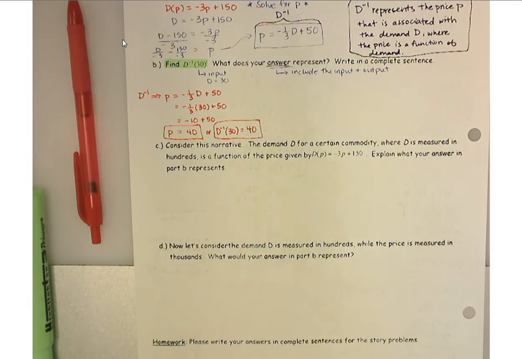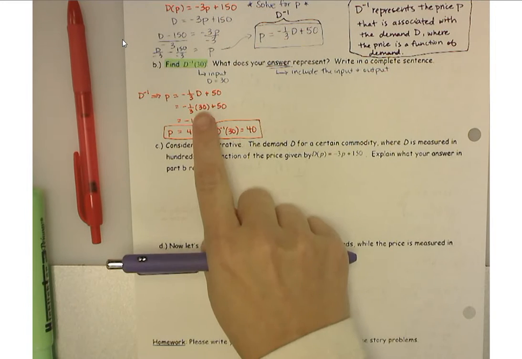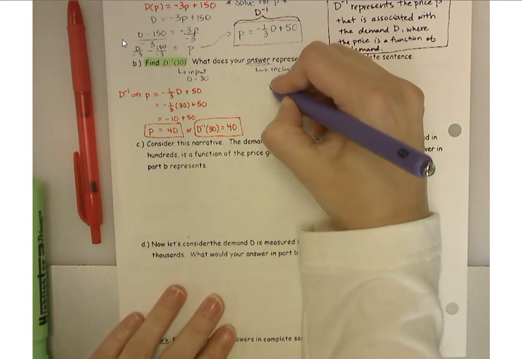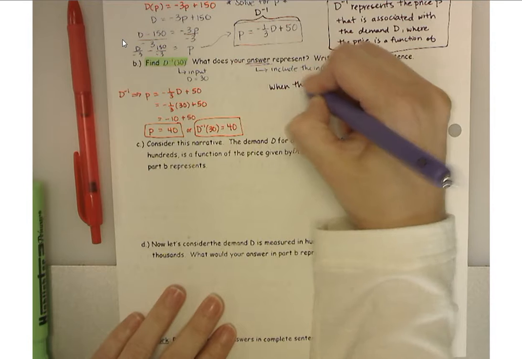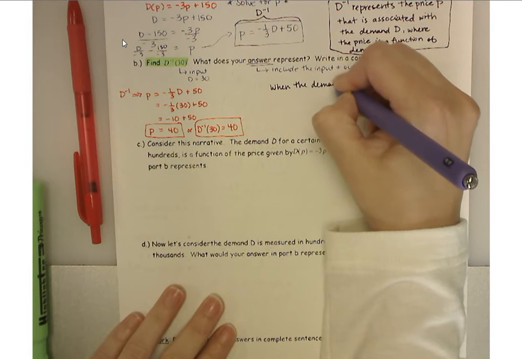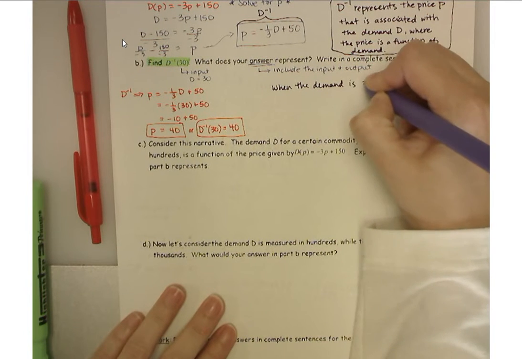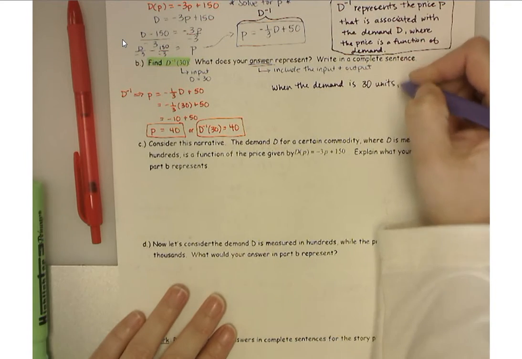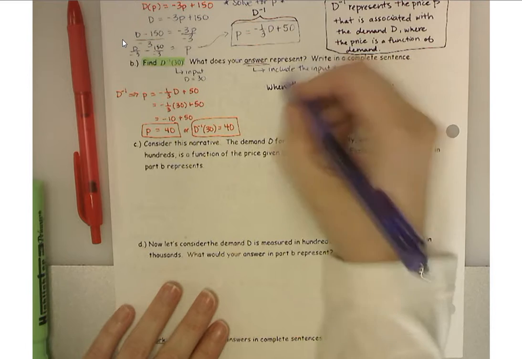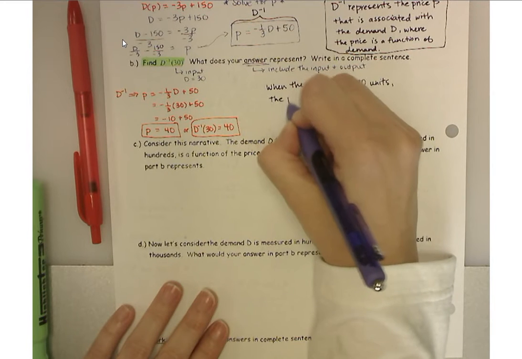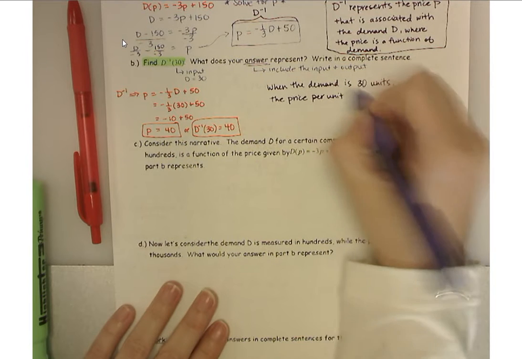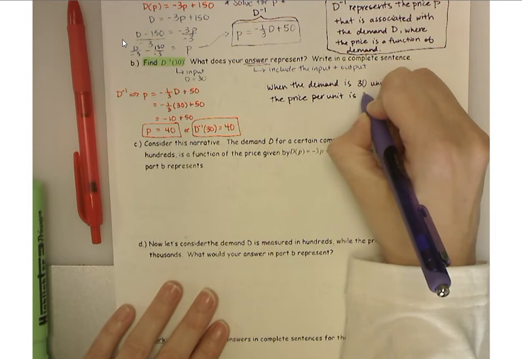What we plugged in was 30. Because we plugged that in for D, that represents the demand. So when the demand is 30 units, 30 Elmos, the price per unit is $40.